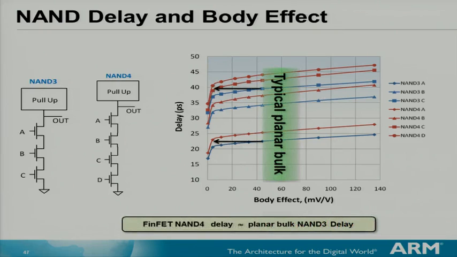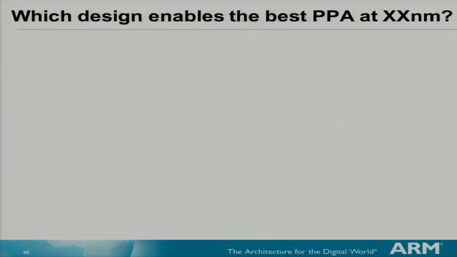What we've seen is, compared to a typical planar transistor, which is somewhere here, if you have nearly zero body effect, you can have a NAND4 delay similar to a NAND3 delay. So basically you can have a higher stack height and get similar delays. So that, again, has a big impact on design.